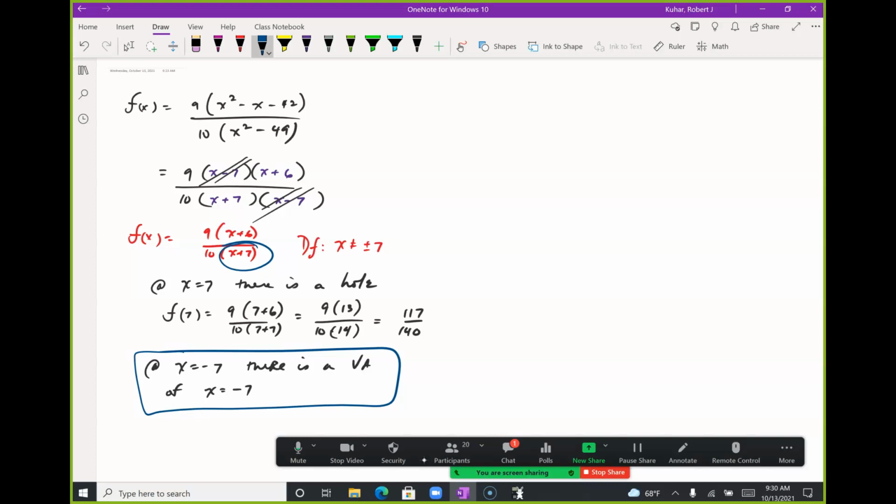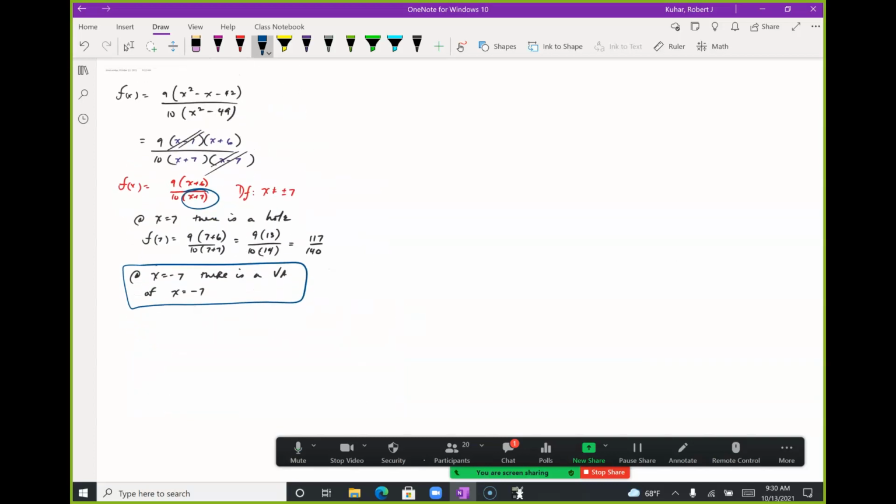And when they don't cancel, I'll have these vertical asymptotes. And what was the other thing you asked for, horizontal asymptote? Is it the 9 divided by 10? Yeah, exactly. So it's 9 over 10. F of x is approximately 9x squared over 10x squared, which is 9 over 10, as x goes to plus or minus infinity. As x gets really, really large, it behaves like the mother function.